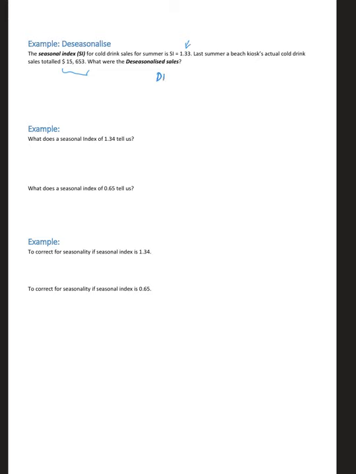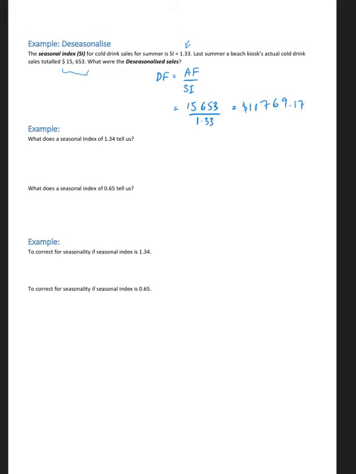Deseasonalized figures are given by our actual figure divided by the seasonal index. So 15,653 divided by 1.33 is equal to $11,769.17. So that's taking off the seasonal effect of us selling more cold drinks in summer, basically.